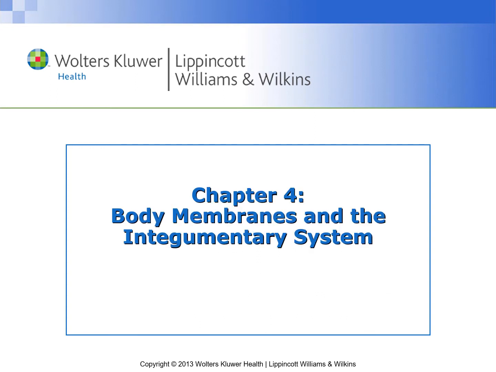So we are looking at Chapter 4 of the Archer and Nelson Applied Anatomy and Physiology textbook, and we're going to be looking at the body membranes and the integumentary system.